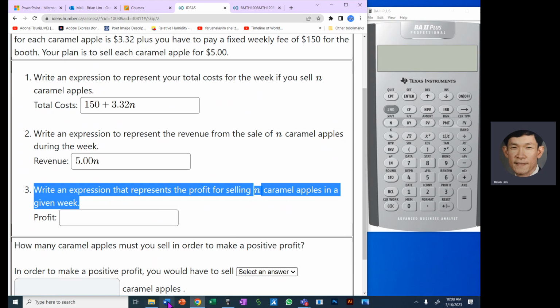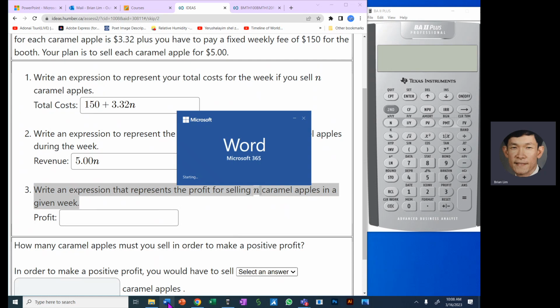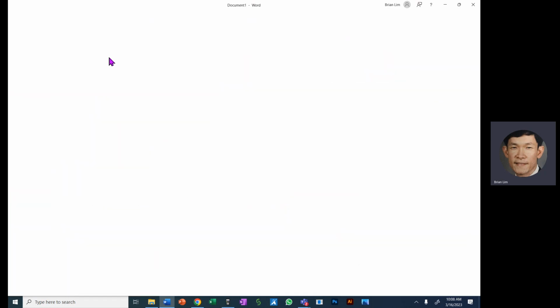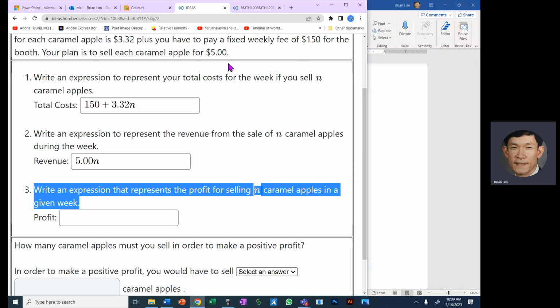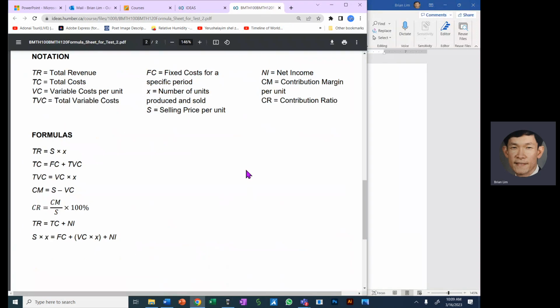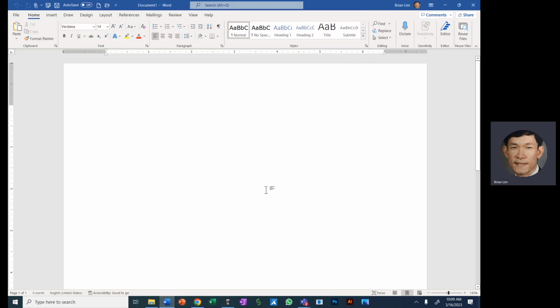We have the expression. Maybe we should go to Word, and then go to the formula sheet. So there we are. Total revenue equals total cost plus the net income. That is what we are after. Let's make this font a little bit larger.